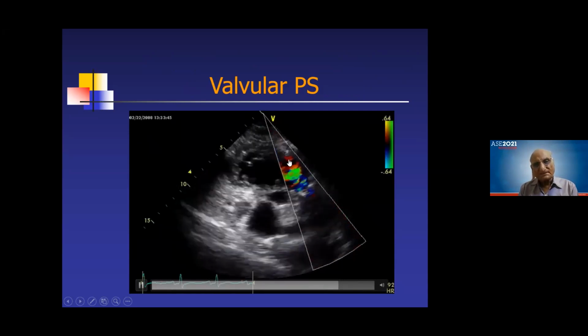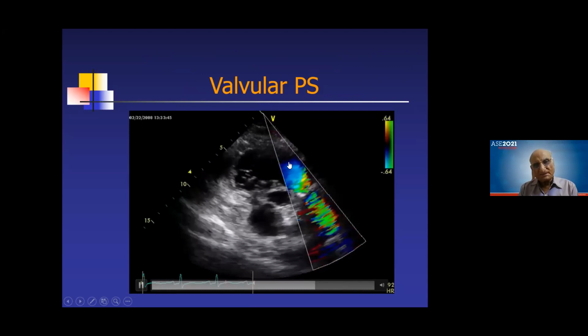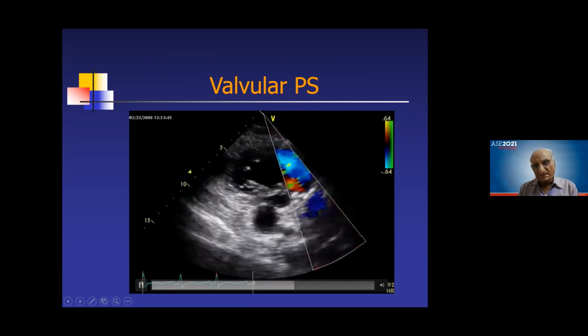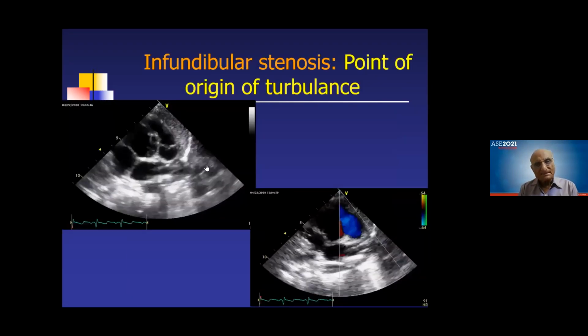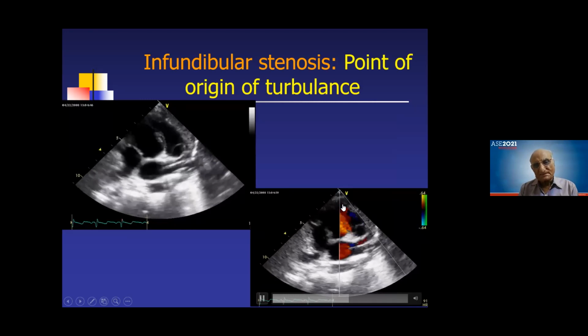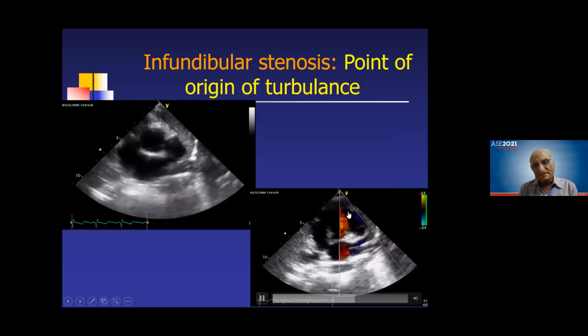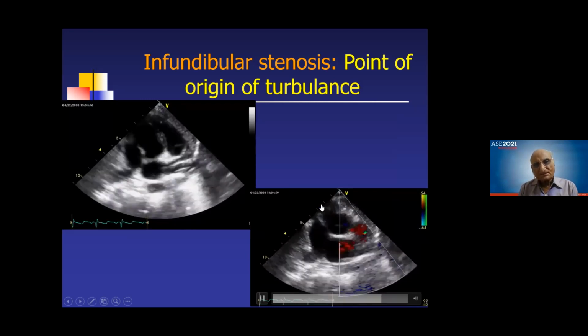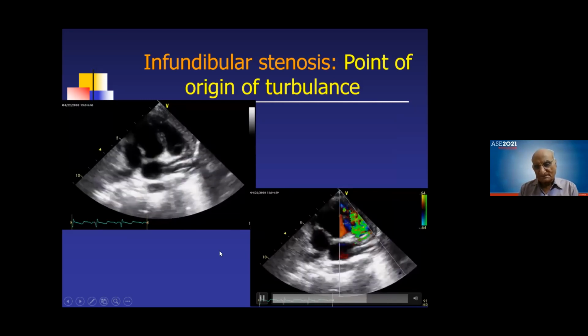Sometimes when we are in doubt, we put a pulse Doppler here to see whether turbulence starts here or not by aliasing, and then we come forward like this. So the main thing is from where it starts.